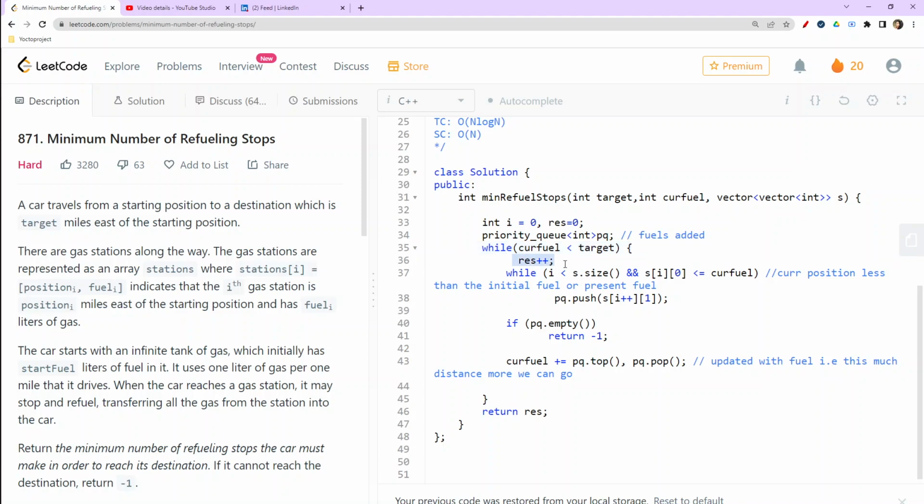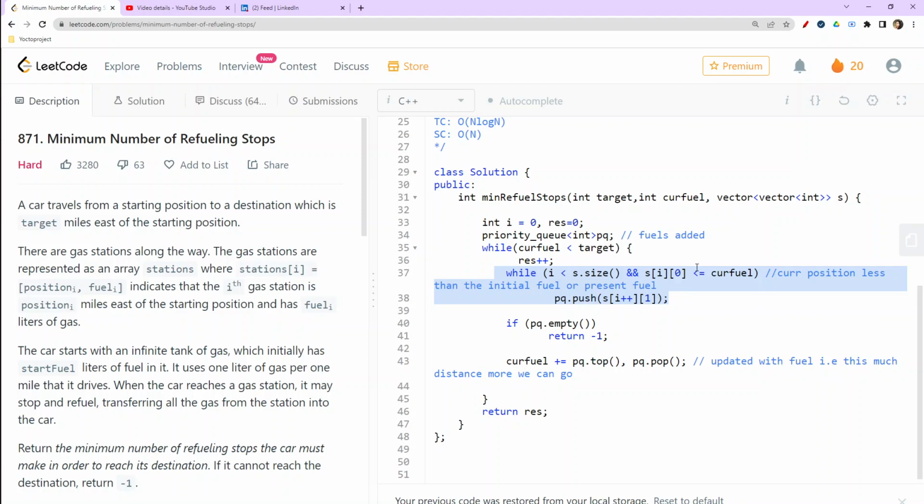When we enter this loop, we would be fueling up at least once. So that's why we are incrementing our result, and then we go ahead with the next loop, which is basically for the functioning of the priority queue. We keep a check on whether our index is less than the size of our input vector or not. If it is, the next thing is whether our station is reachable with our fuel.